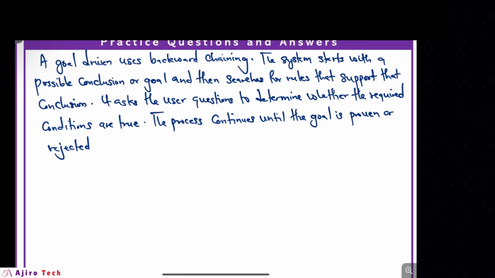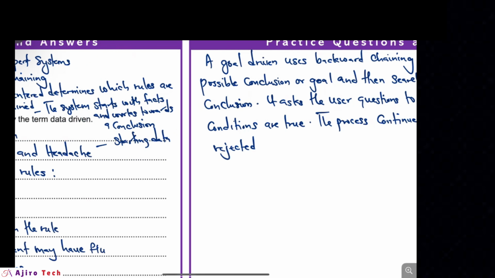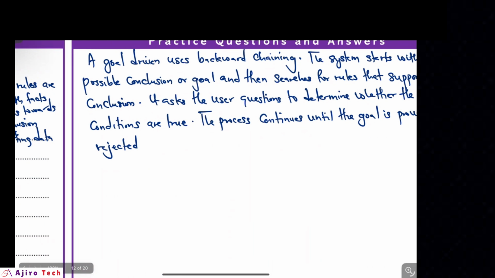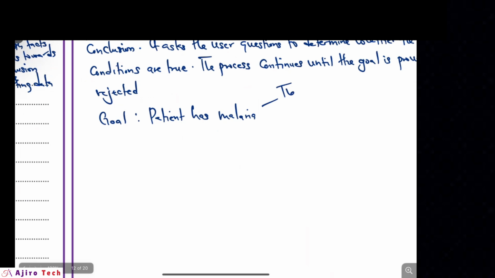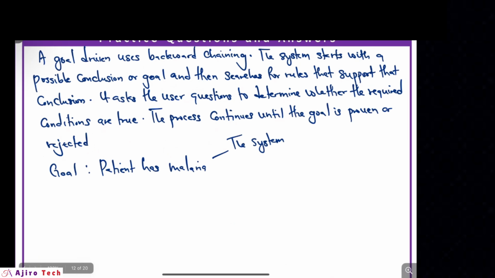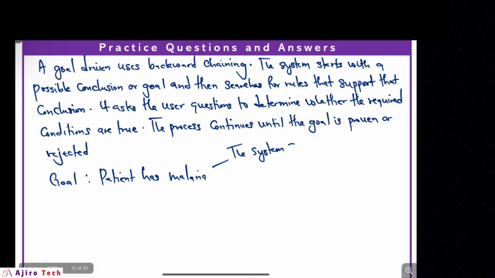So let's imagine the expert system diagnosing a disease, just like we did here. We want to use a goal driven approach for this. Okay. So here, the goal is patient has malaria. Let's start with that. The system starts with this goal.